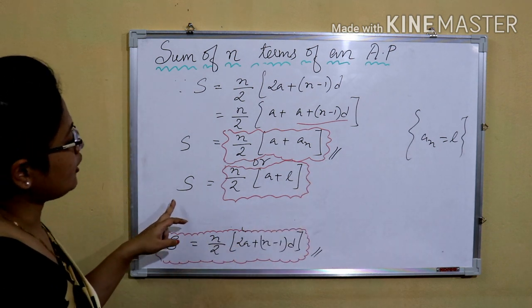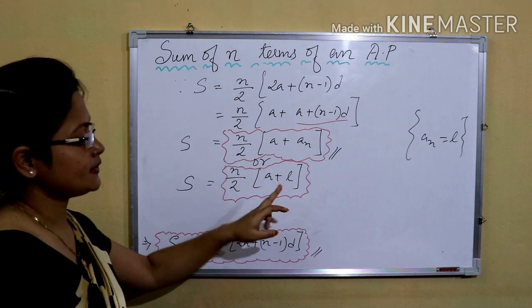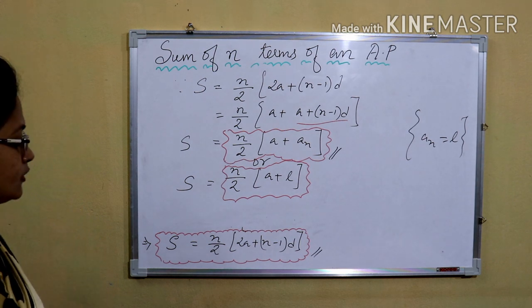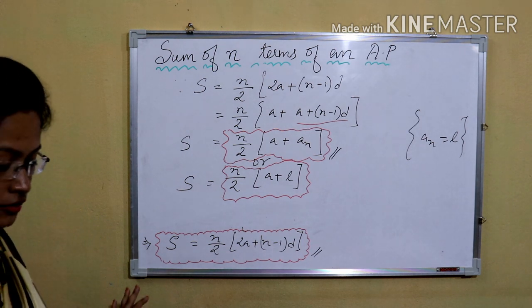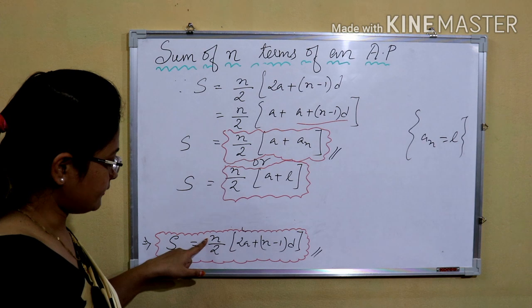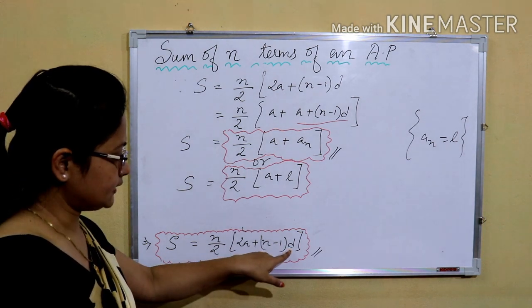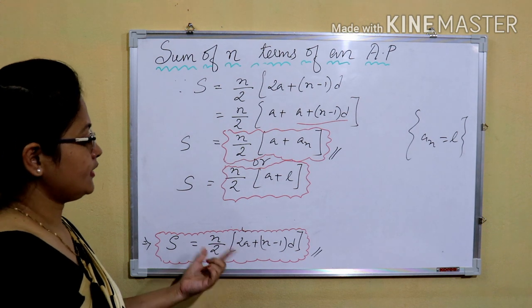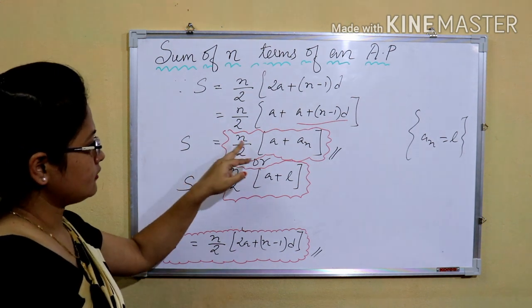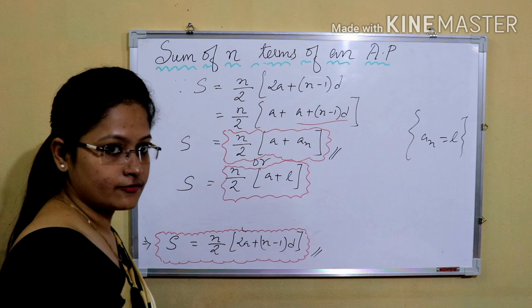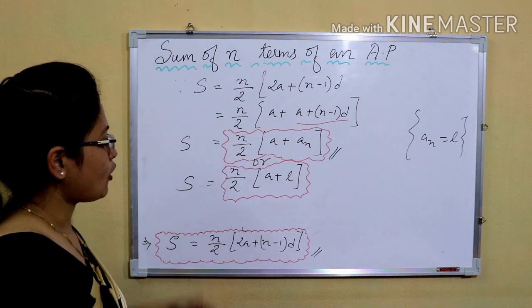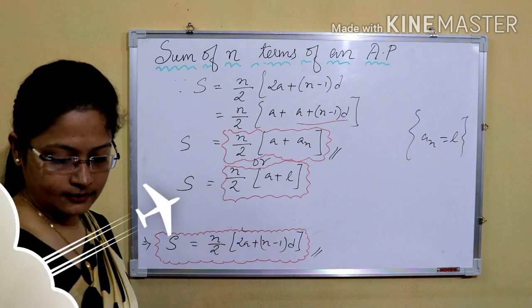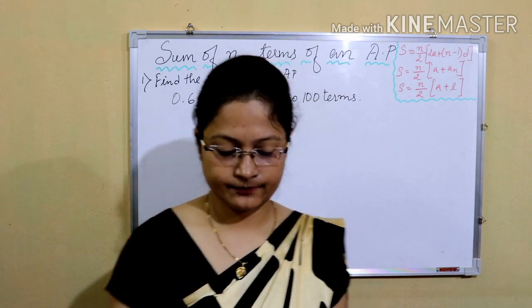And the third one, we got S is equal to n by 2, a plus l. So if in your question n, a, d are given, you can use the first formula. If n, a and an are given, you will be using this one or this. Okay, let us solve some examples.